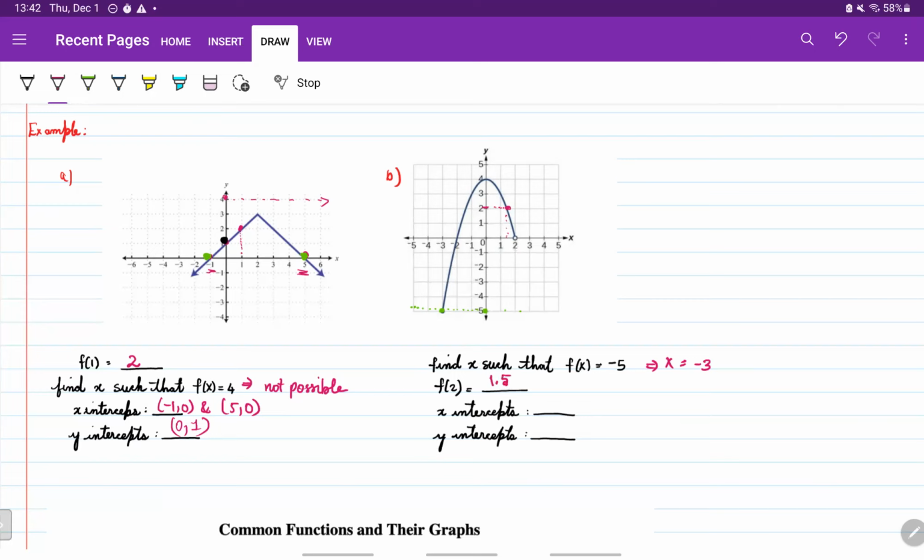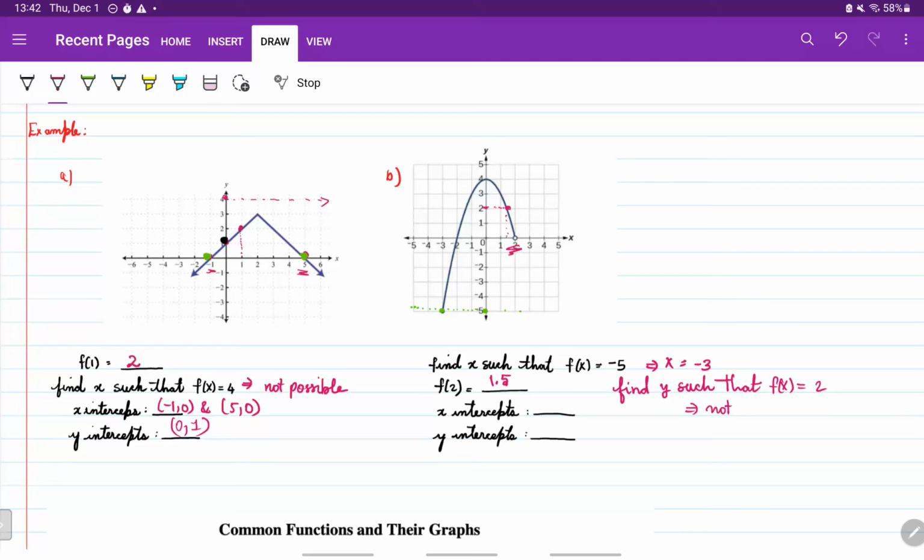So if we had a question that says find x such that f of x equals 2, you would say this is not possible because here we have an open circle.